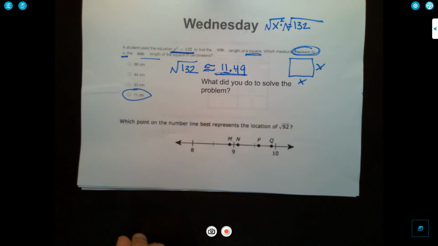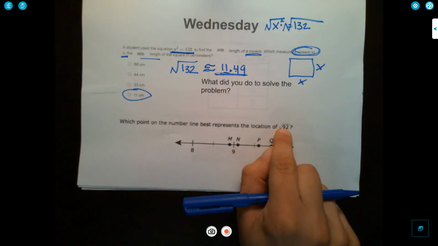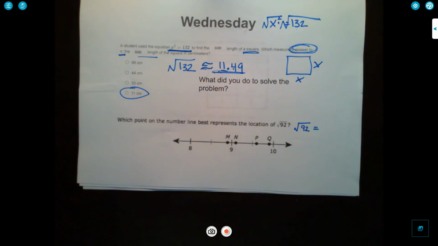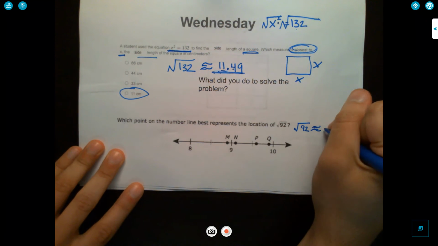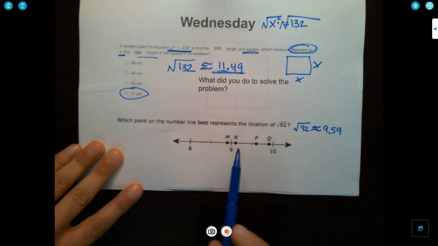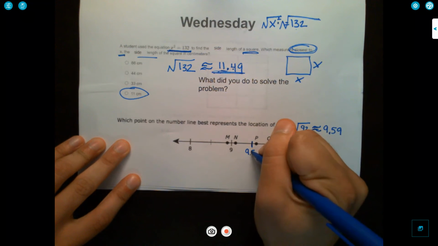Which point on the number line best represents the location of root 92? I'm going to type in root 92 on the calculator to get it into whole number and decimal form. I get approximately 9.59, or 9.6. This middle right here is 9.5.